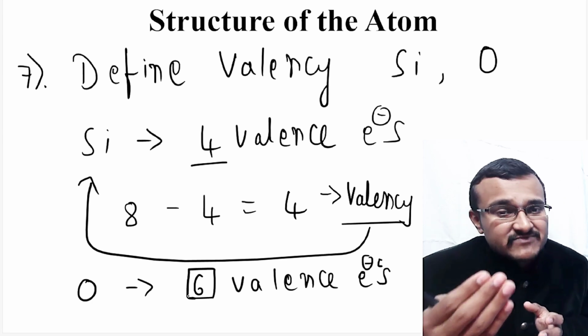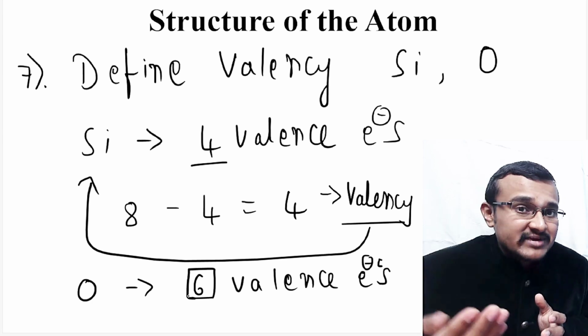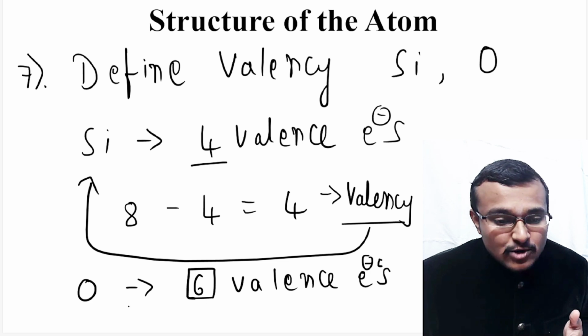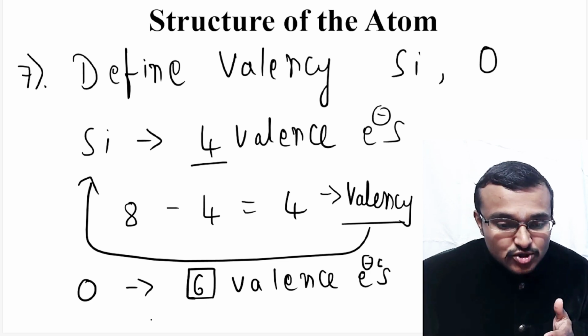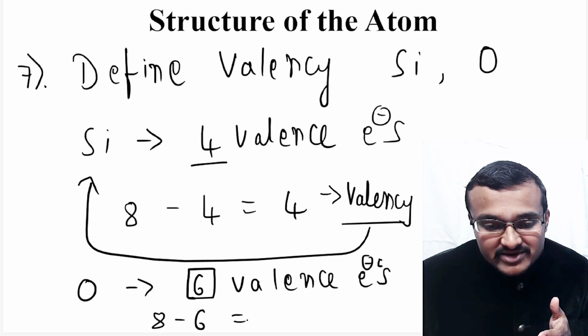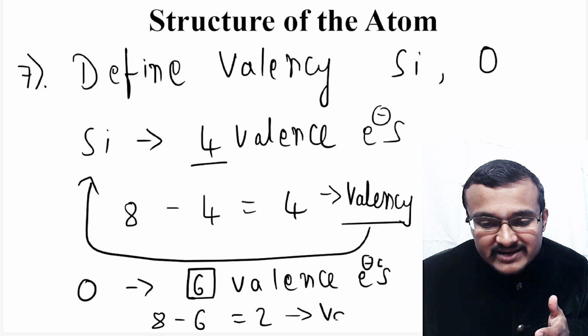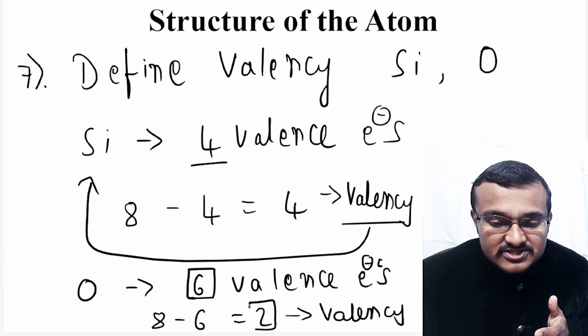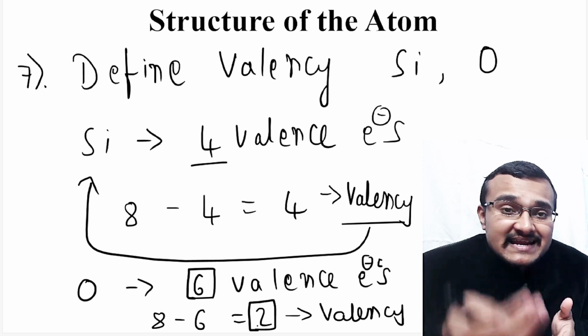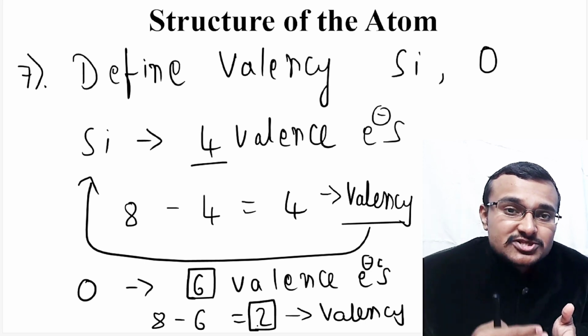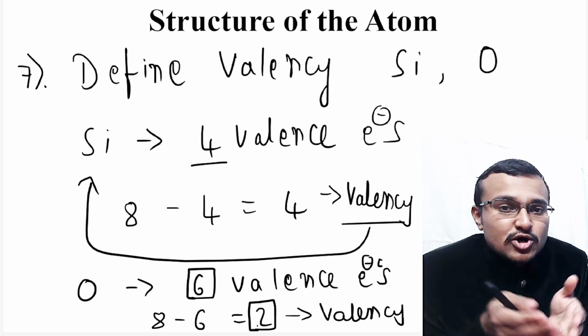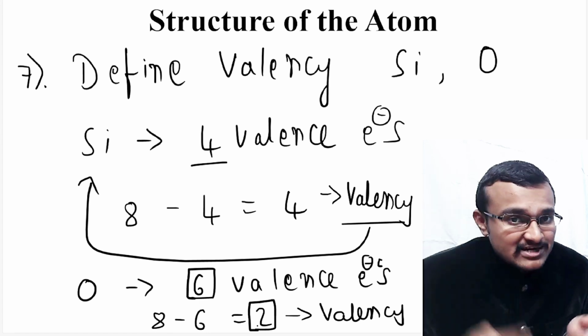Because a maximum of 8 electrons can be present in the outermost shell of the first 18 elements, 8 minus 6 will be 2. So 2 will be the valency of oxygen, and because 2 is the valency of oxygen, oxygen can accept 2 more electrons to become stable. That is, in order for oxygen to become stable, 2 more electrons are required.